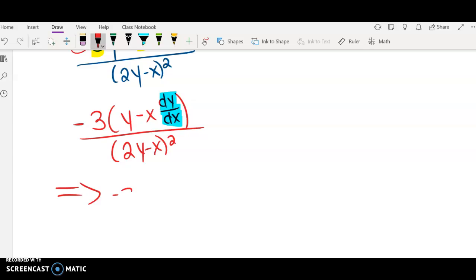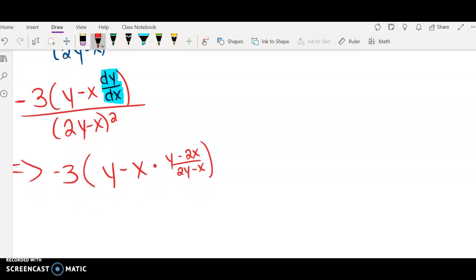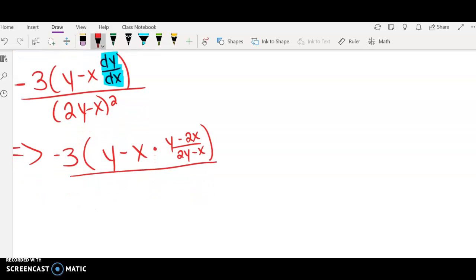It's going to be -3, open parentheses, y minus x times that expression we had up earlier, y minus 2x divided by 2y minus x. And remember, all of that is still divided by 2y minus x all squared.